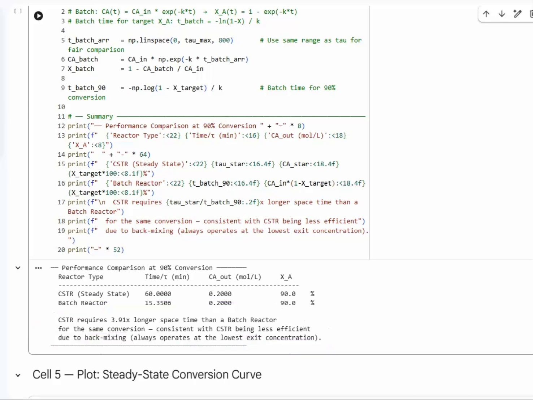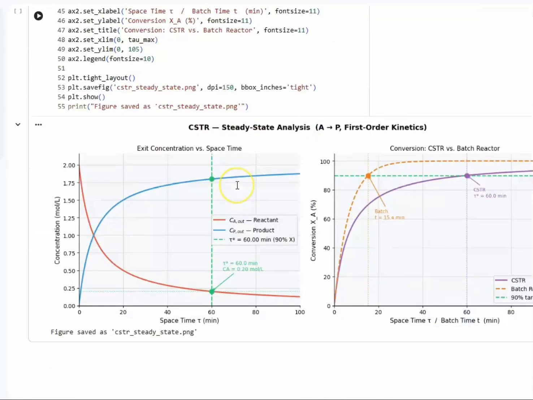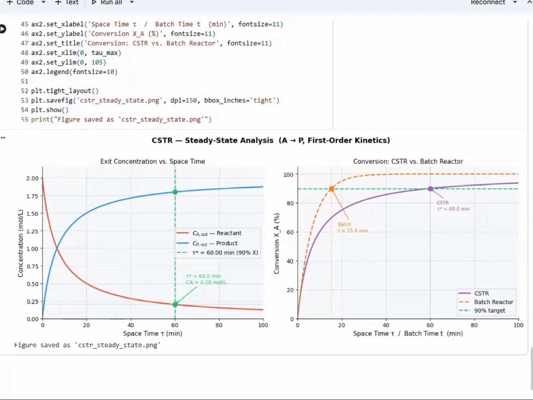So now cell 5 produces our two-panel steady state figure. Let's walk through each panel. The left panel, exit concentration versus space time. The red curve, Ca out, starts at 2 moles per liter at 0 space time and decays hyperbolically towards 0 as tau increases.